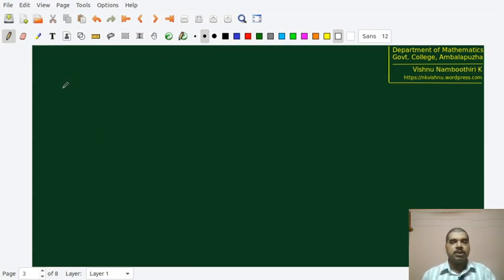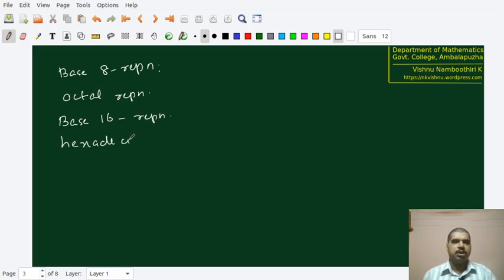Another important point is, in the case of 8, we have already seen that a base 8 representation is also known as octal representation, and base 16 representation is known as hexadecimal representation.